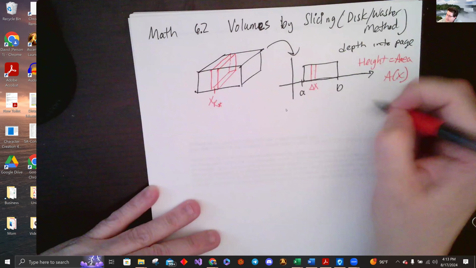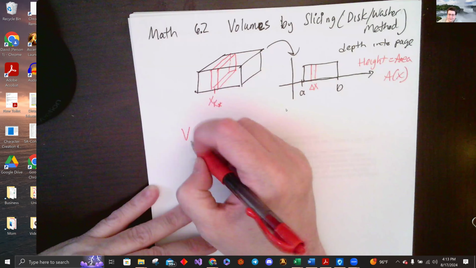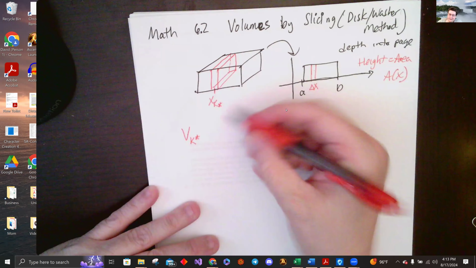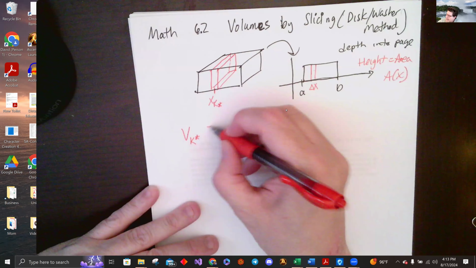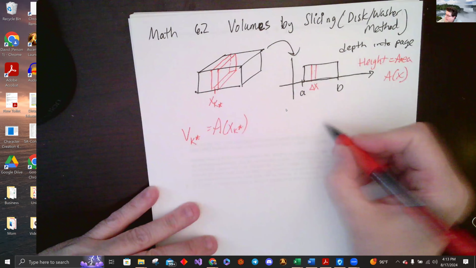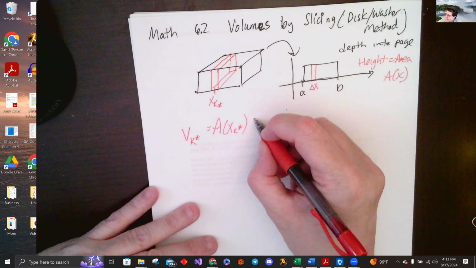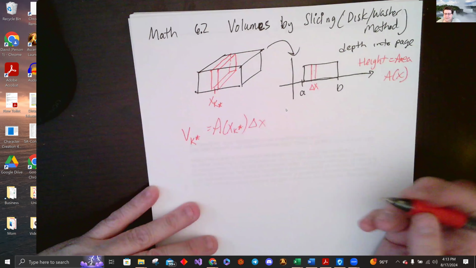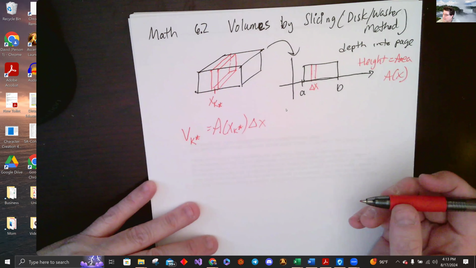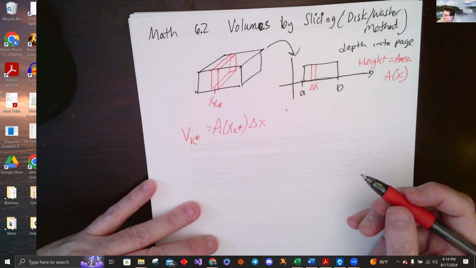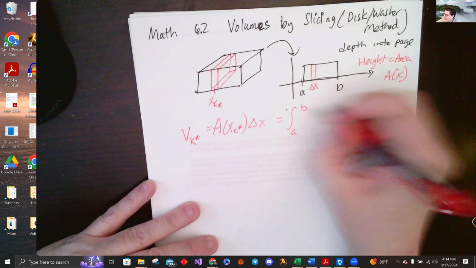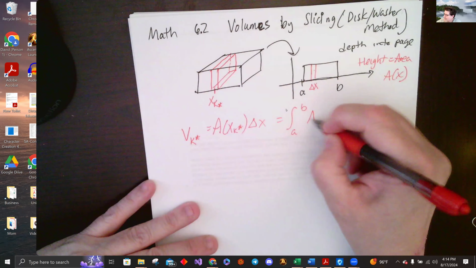The volume of K star is A times x_k star times the width delta x. That's for one specific rectangle. Then if we integrate from A to B, we have the area of x times dx.